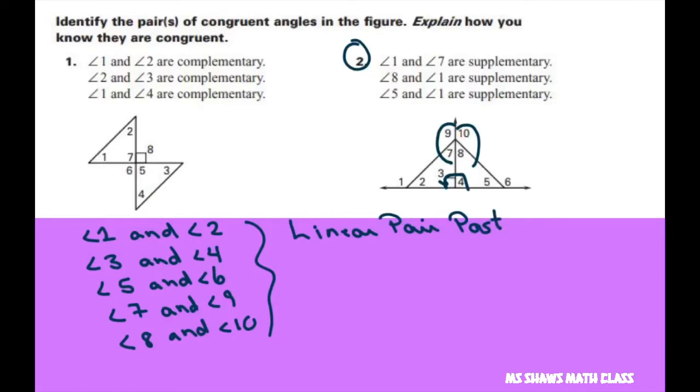So we can deduce that angle 4 is a right angle because angle 3 is a right angle. And that means they're both congruent by the right angles congruence theorem.